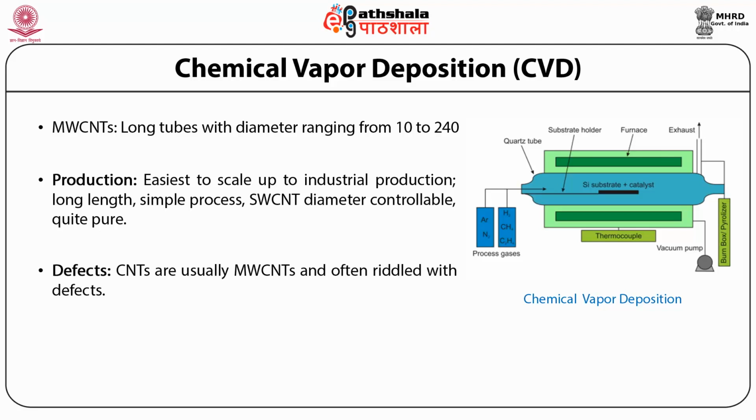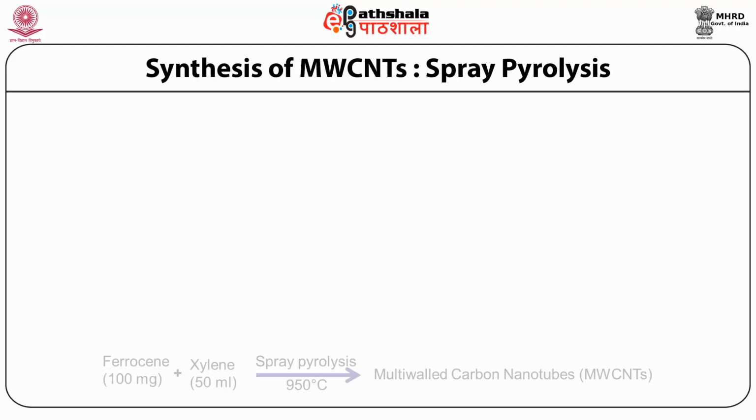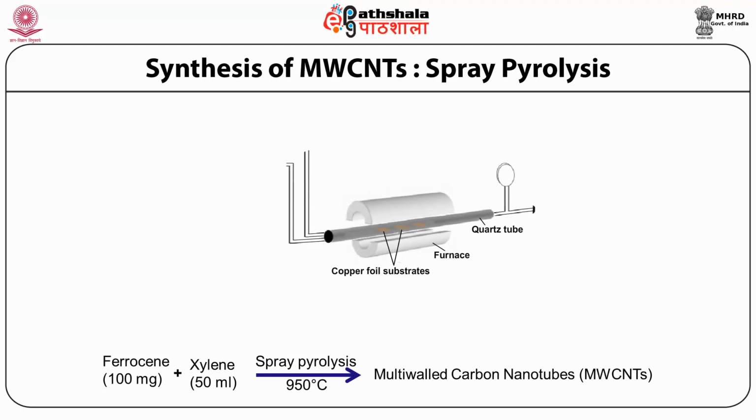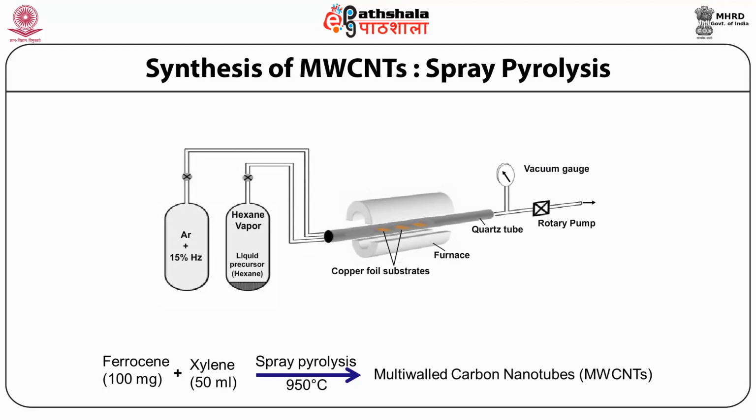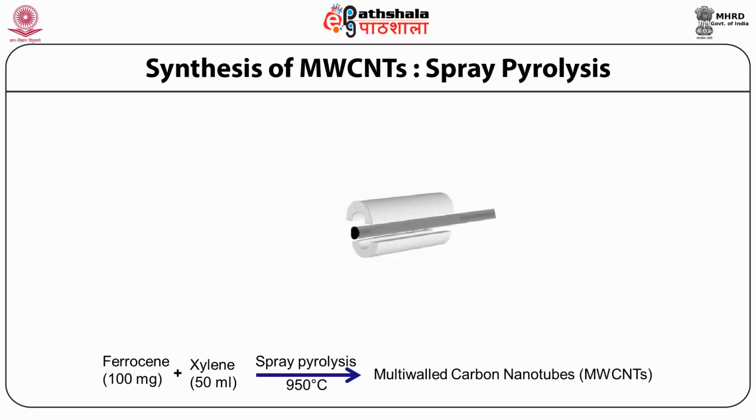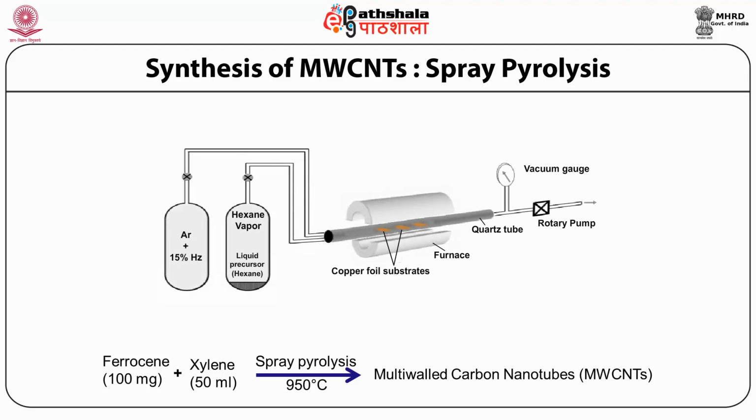If you want to functionalize it, it is good, but if you want a pure defect-free tube, it is not very nice. So I discussed the chemical vapor deposition technique, and now I want to discuss the spray pyrolysis technique for synthesis of mostly MWCNT or bulk microstructures made up of multi-walled carbon nanotubes.